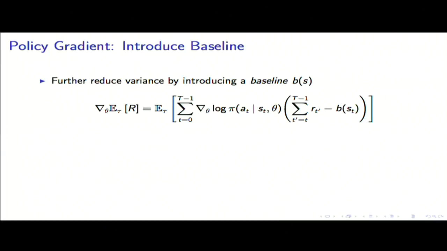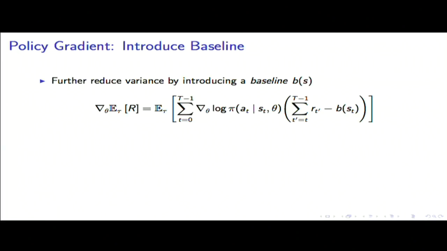We can further reduce the variance by introducing what's called a baseline. The idea intuitively is that we only want to boost the probability of an action if it was better than average. Let's say all of our rewards are positive.